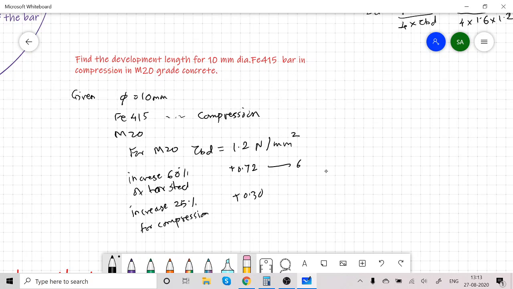See, this is 60% of 1.2, and this is 25% of 1.2.